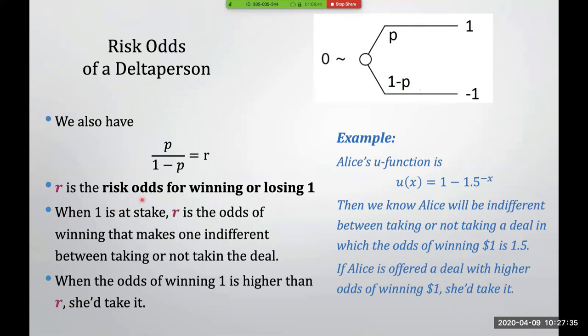Whenever we say risk odds, we're referring to that indifference odds, okay? And whenever we do not have this risk term before the odds term, we're describing something objective of a certain deal. So keep in mind that whenever we have the word risk before odds, we are referring to a specific odds that makes one person indifferent between taking a bet with a stake or not taking the deal.